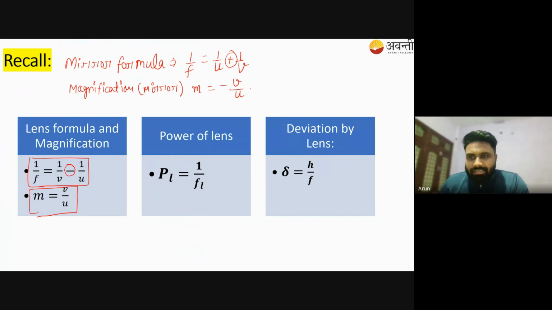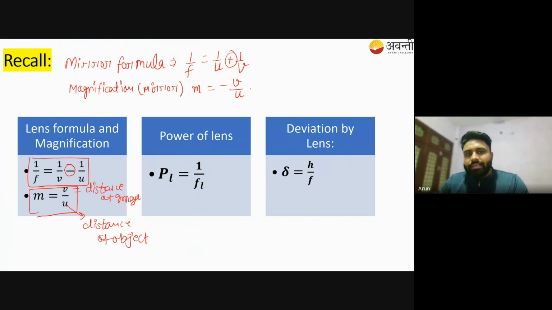So there is a difference of only a minus sign. Got it? Here v is the distance of the image that has been formed, and u is the distance of the object that is placed on the principal axis.